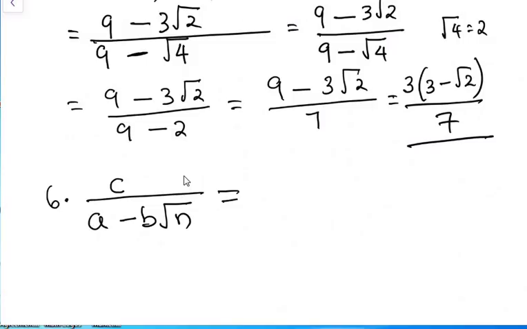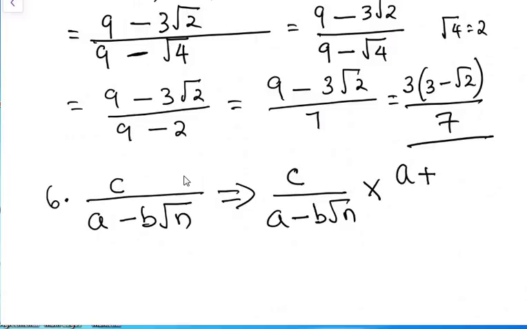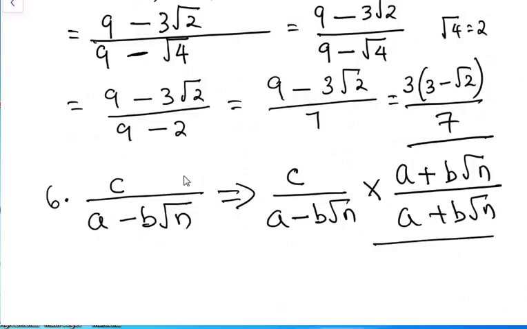If we rationalize, this will be c over a minus b root n multiplied by a plus b root n over a plus b root n. And that is the sixth rule. So when we are solving it, we'll be able to apply the principle better. So these are the 6 rules that we want to keep in mind.